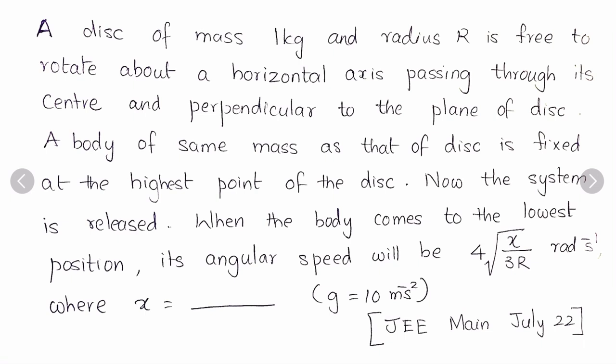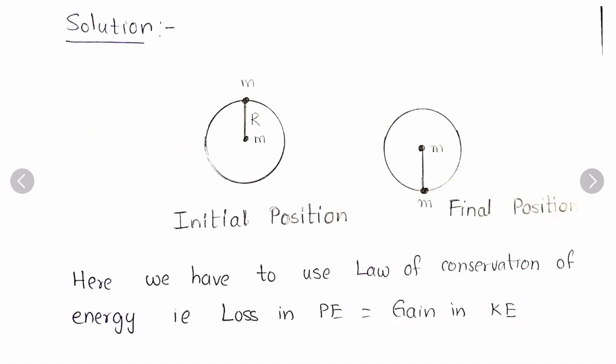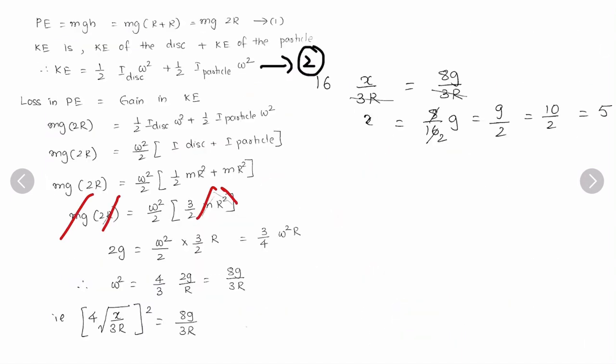In the problem they have given omega as 4 under root x divided by 3r. So omega square will become 16x divided by 3r. Let us equate both of them. Then we get 4 under root x by 3r whole square is equal to 8g by 3r, which we got now.